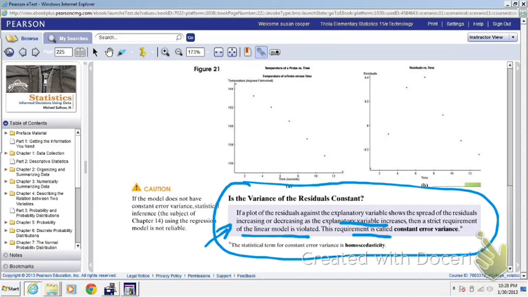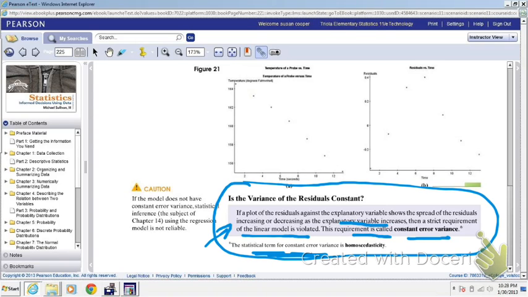The requirement is called the constant error variance. A fancier term, I like the way your author says that in fine print, a fancier term for constant error variance is homoscedasticity. Okay? All right.